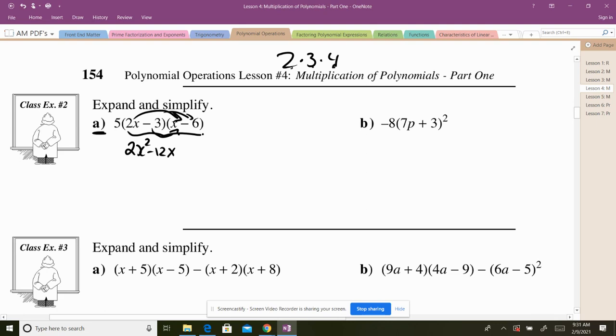Negative 3 times x is negative 3x. And negative 3 times negative 6 is positive 18. That is all being multiplied by 5. So you have to remember that the 5 gets multiplied to everything in there afterwards, okay?